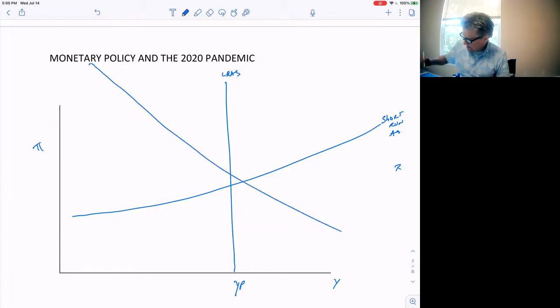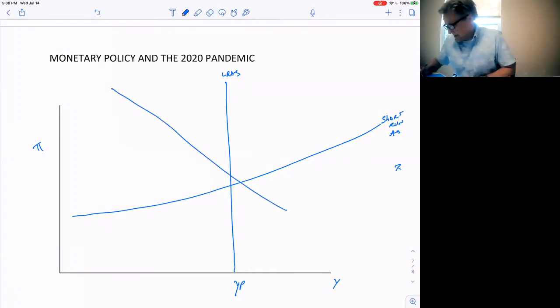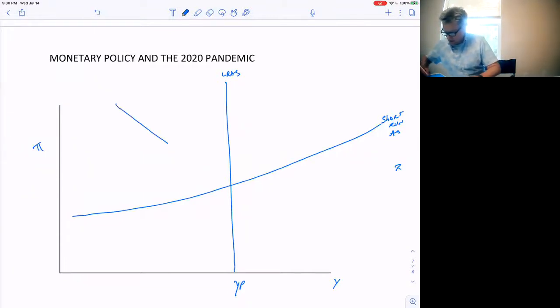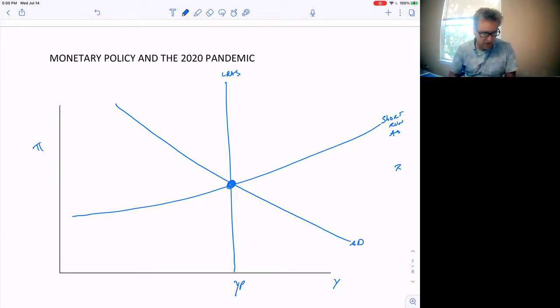And we were at potential because the unemployment rate was only 4%. All right, I'm not the greatest artist. So we were right here. Full employment, 2%.